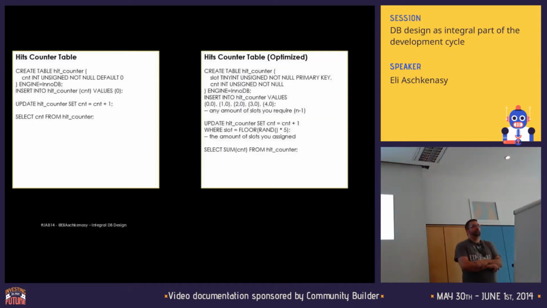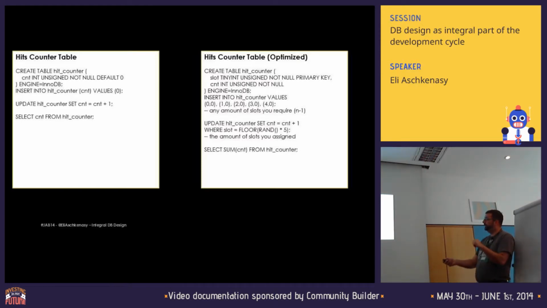This is a bit more complex version, but significantly higher availability. Essentially what you do is, instead of having just one slot that you have to update, which means if somebody else is updating at the same time, you have now contention, and MySQL has to do a whole bunch of other stuff, you mitigate it by assigning a whole bunch of slots to your counter table.